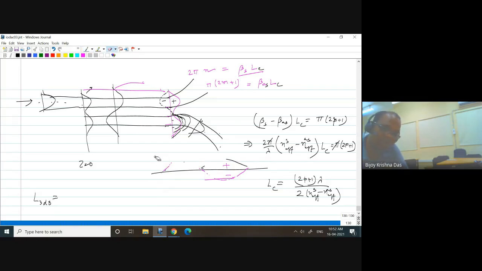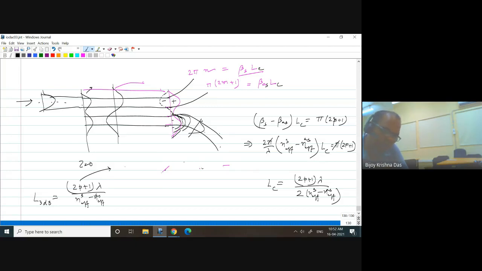Anyone? This is the length required for complete power transfer. So it is clear, no? So L3 dB will be (2p plus 1) lambda over 4 times (n effective s minus n effective as).